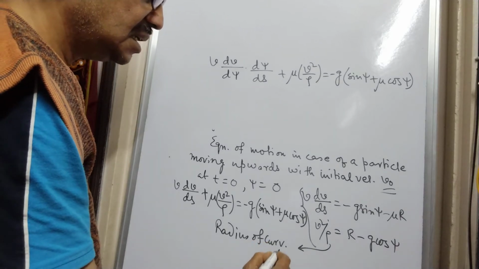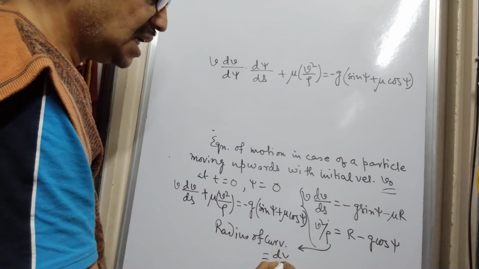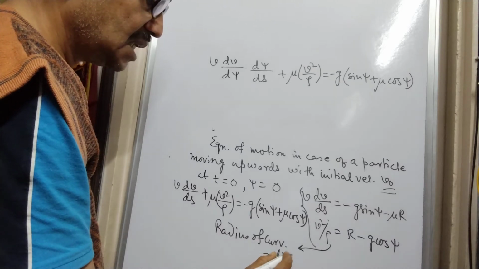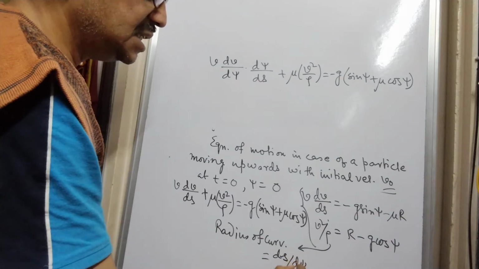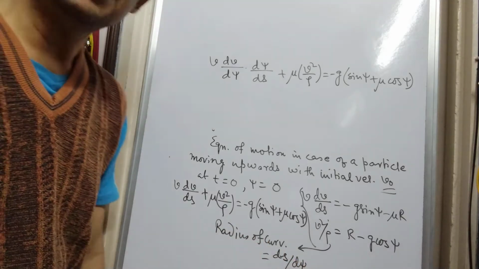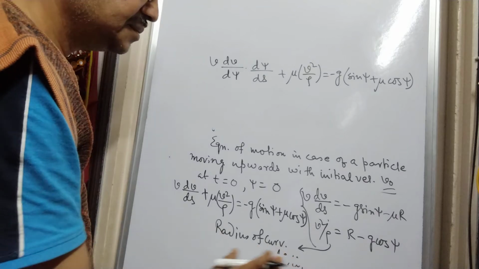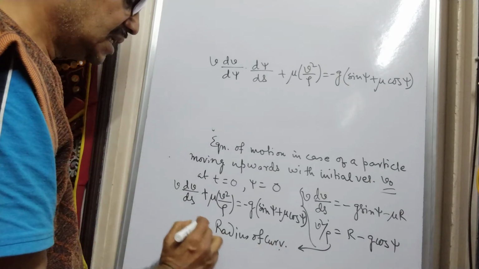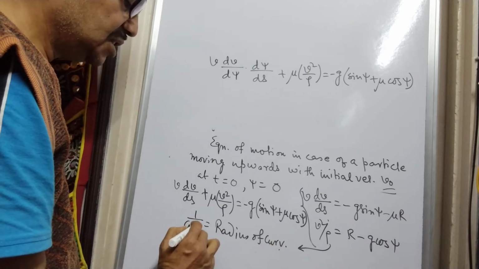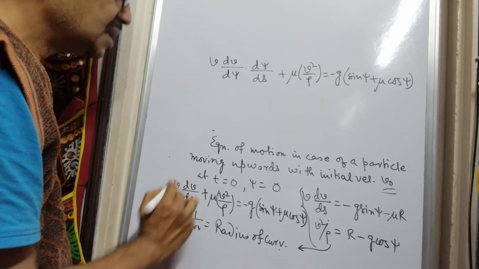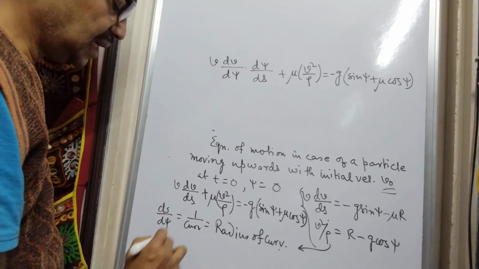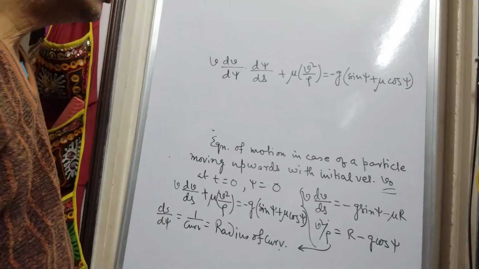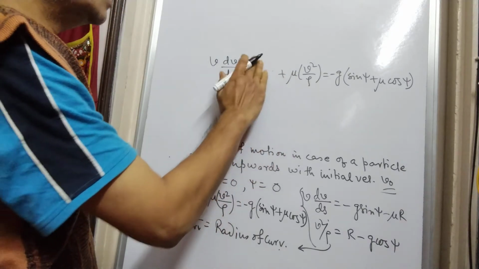This is nothing but ds/dpsi. dpsi/ds is the measurement of curvature, and radius of curvature is the reciprocal of curvature, which turns out to be nothing but ds/dpsi, and so we can replace it by 1 by rho.